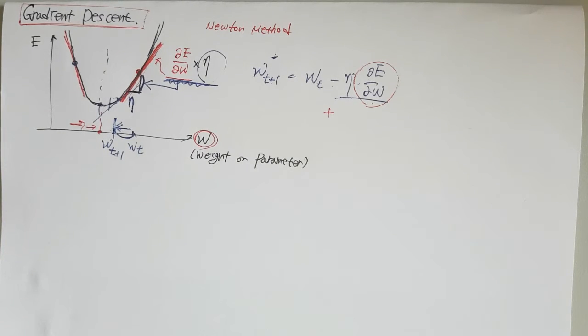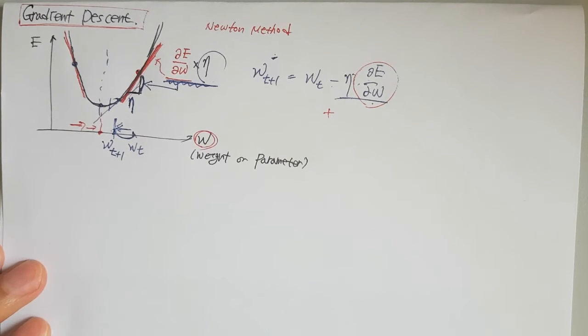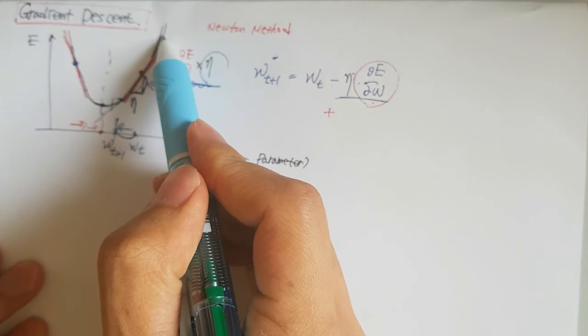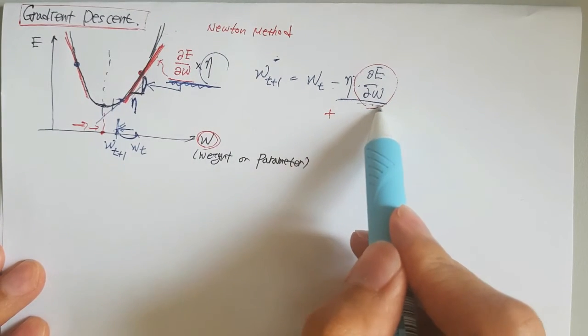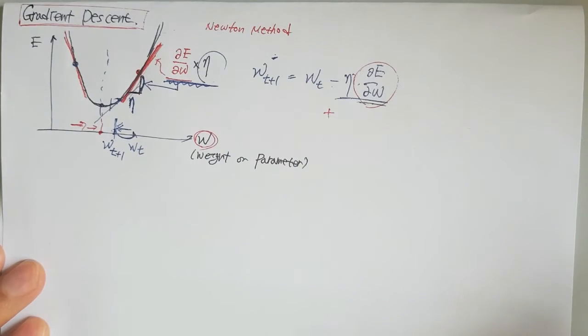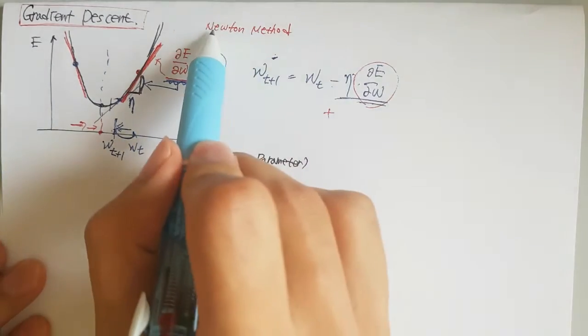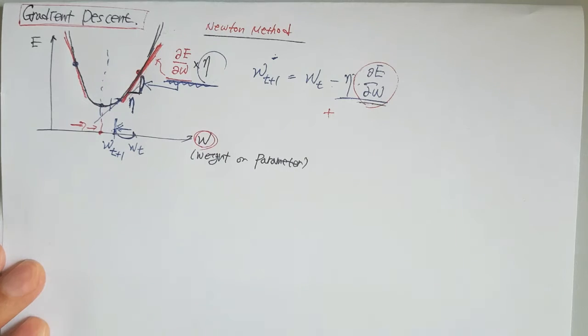And here's a more efficient way, because this is quadratic form. If we try to use a higher order in order to apply Newton's method, then it will be more efficient.